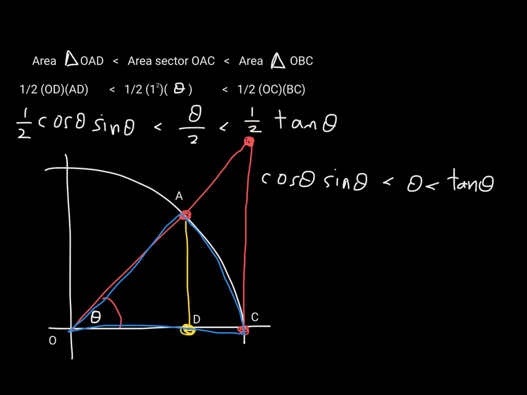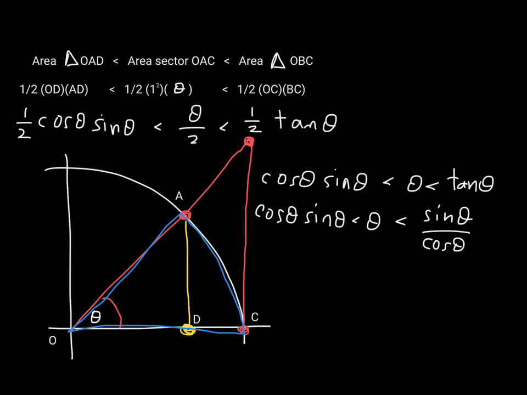Let me rewrite that, because it's pretty sloppy. Cosine theta times sine of theta is less than theta, which is less than tangent of theta. Now, by the quotient identity for tangent, tangent of theta is equivalent to sine of theta over cosine theta.